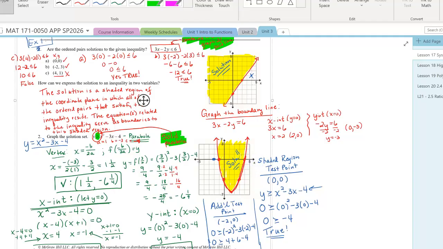You can't use that reasoning, though, here because y is not by itself on the left. So when you don't have y by itself on the left, you're required to use a test point to see which region works. Because had I used the less than or equal to, I would have shaded below the line, but that is not the correct region.